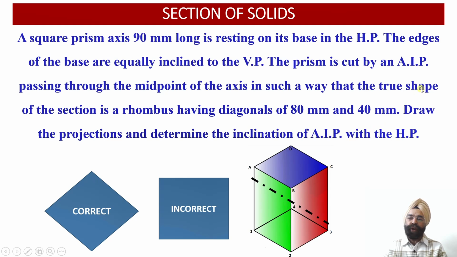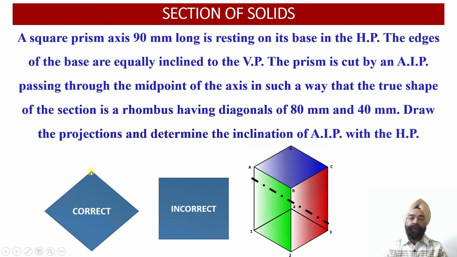Now this distance of 40 millimeter will correspond to the diagonal of the square over here. That is, indirectly we have not been provided with the edge of this particular square base of the square prism.